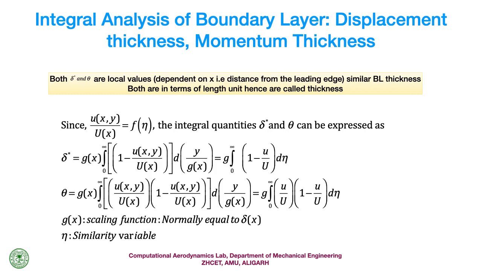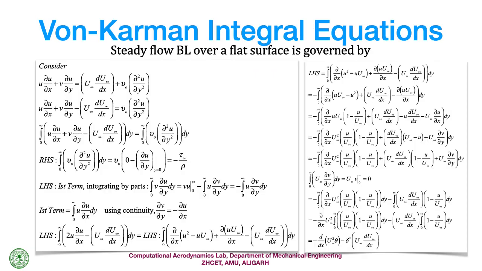Similarly, I can write theta also, where again g of x is the scaling, which is normally equal to delta of x, and eta is the similarity variable. Now we will use these in the development of the von Karman momentum integral equation.